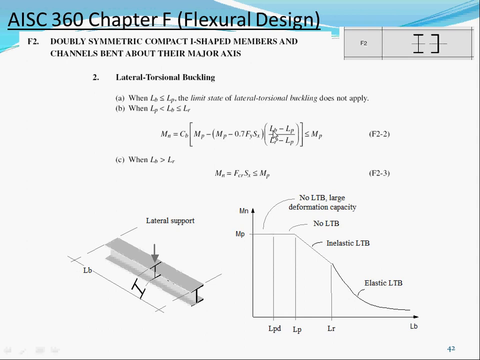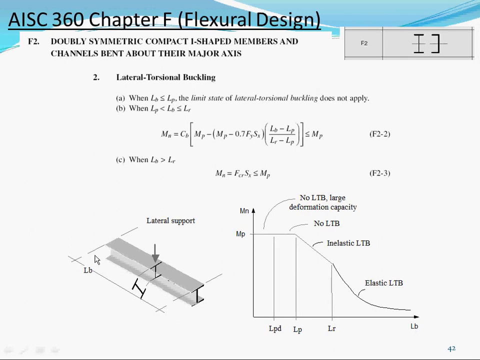So it all depends on Lb, Lp, and Lr. To calculate Lr and Lp, they give you an equation. Lb is essentially your unbraced length. We know what it is from calculation. So that's F2. For Lp, you get all the Mp.